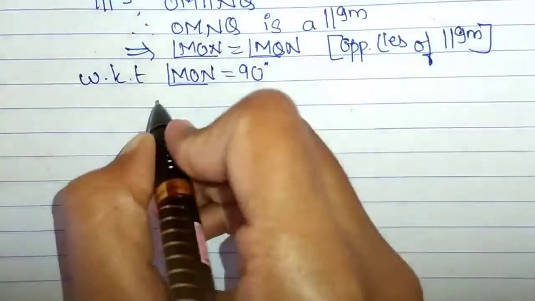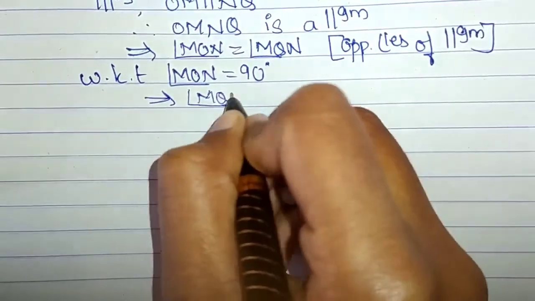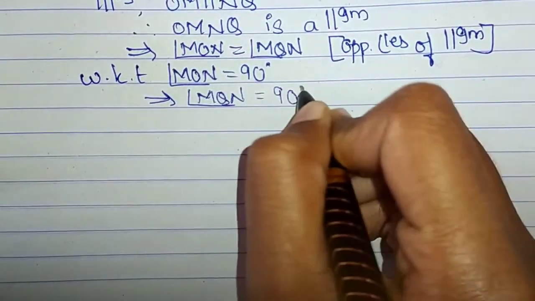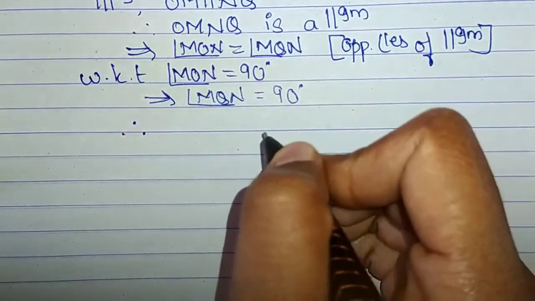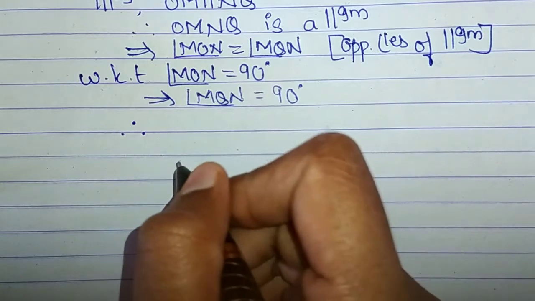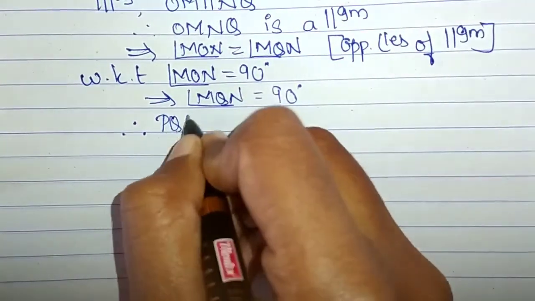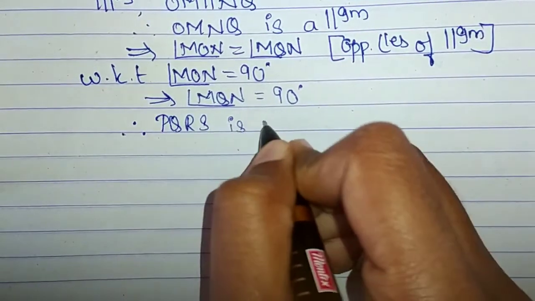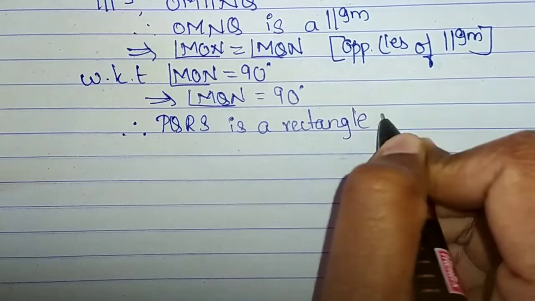So since angle MON is equal to 90 degrees, angle MQN is also equal to 90 degrees. Therefore, angle Q is one of the angles of the parallelogram PQRS. Therefore, PQRS is a rectangle. This is the solution to the second question.